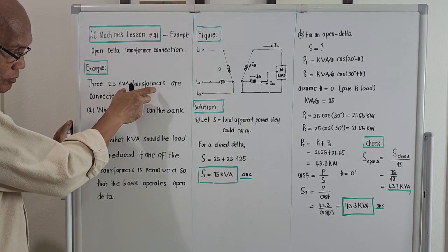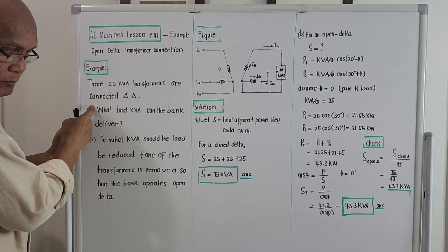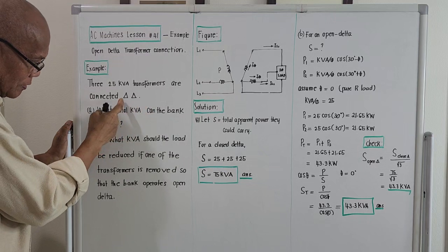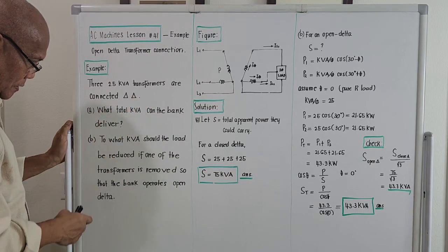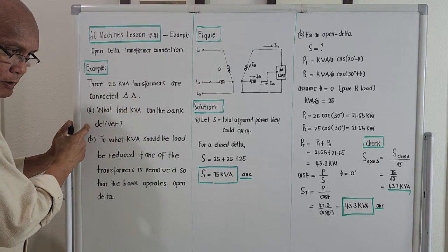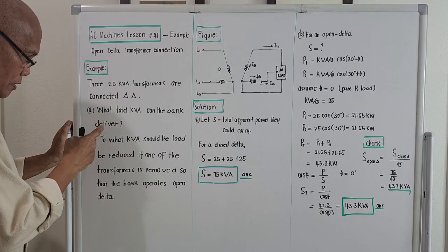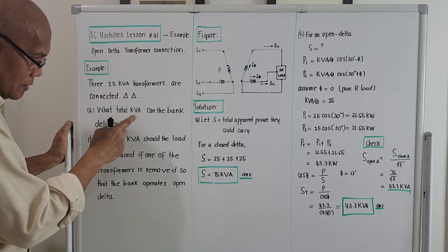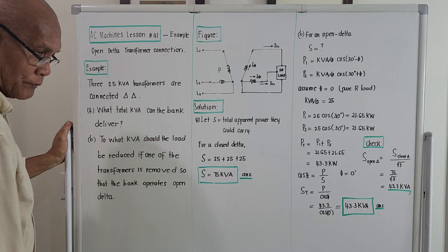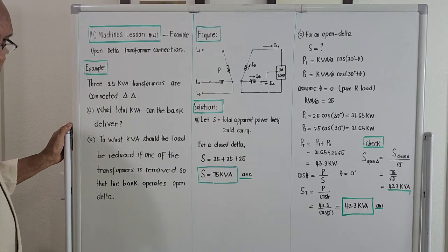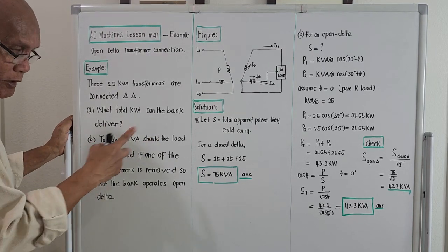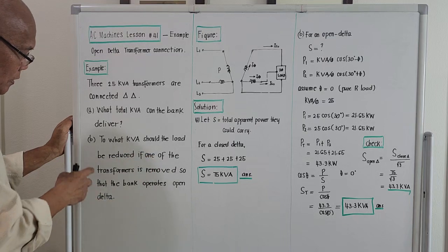Three 25 kVA transformers are connected closed delta, meaning a delta-delta. Letter A, what total kVA can the bank deliver? The total apparent power. It's a closed delta originally.